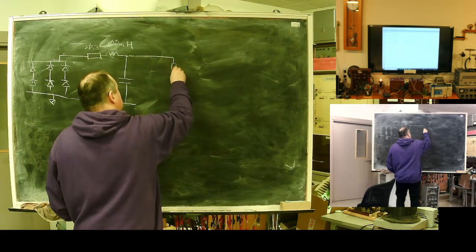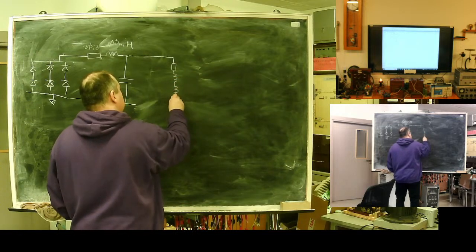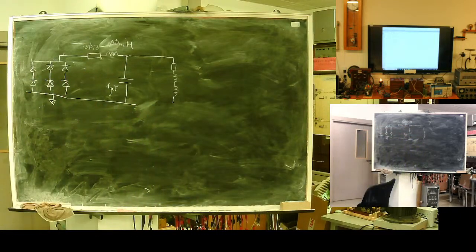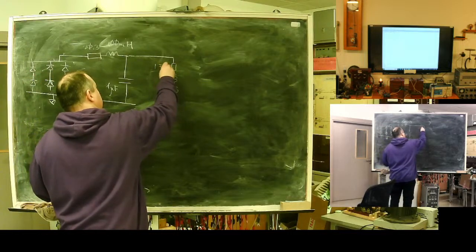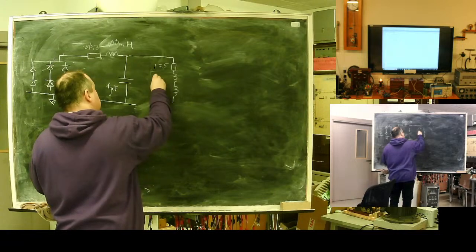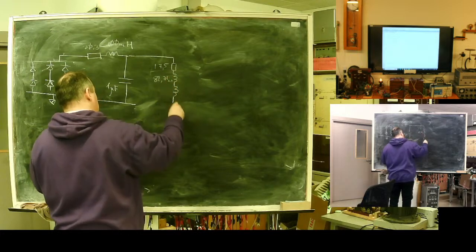So it has resistance, own inductance, and okay, primary side is 17.5 ohms, own inductance 82.77 millihenry.